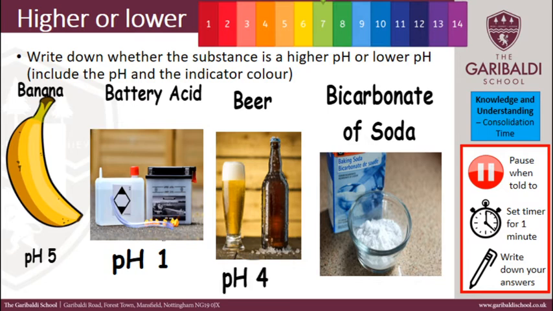It is pH 4, so it is actually a higher pH, which means that it's actually the orange color. So if you put an indicator in beer, it would be orange. Bicarbonate of soda, it is pH 8, so it is actually a weak alkaline, so it would be this dark green on your pH scale.